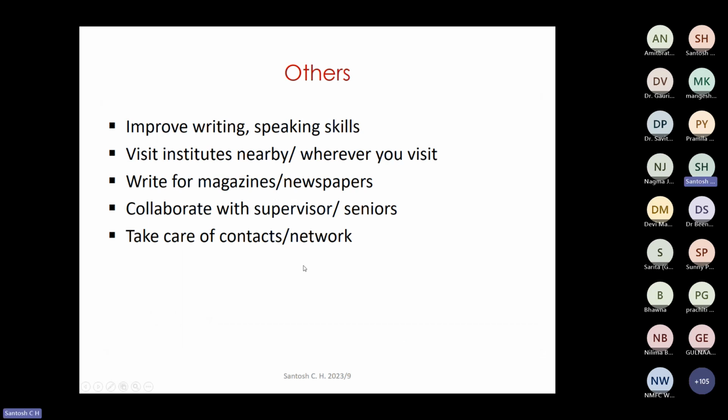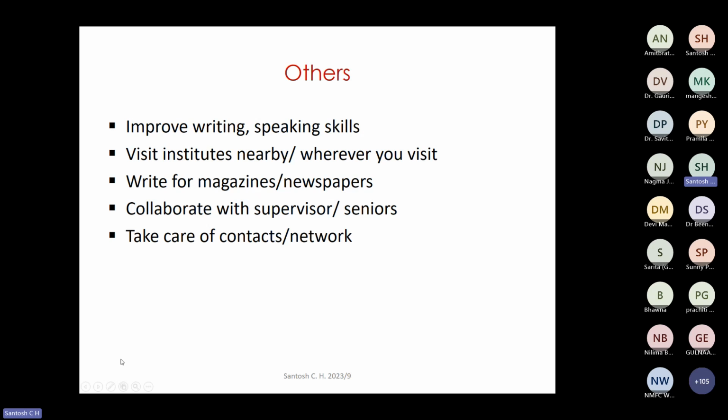And to wind up this session, I'm sharing just a few points here. Please start working on your writing style, because ultimately your writing is judged online. Your speaking skills should be sharpened. Please try to visit the nearby institute wherever you go for any tour, or wherever you happen to visit some institute. Please try to visit their library. Please try to talk to similar kinds of faculty members who are also interested in the area of your interest.